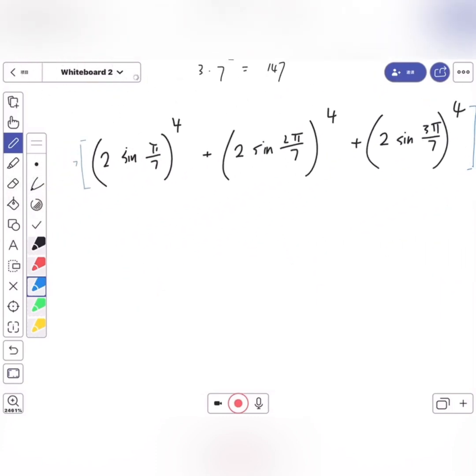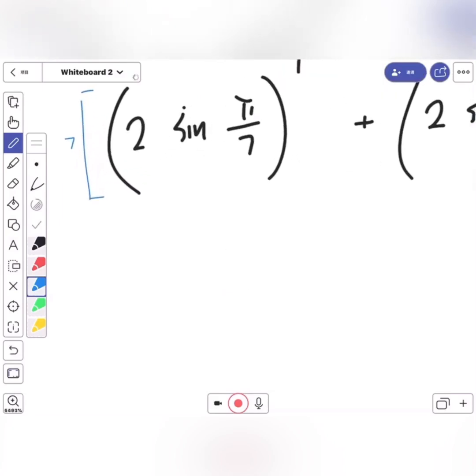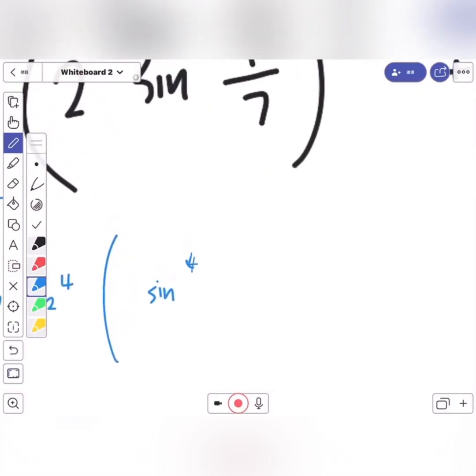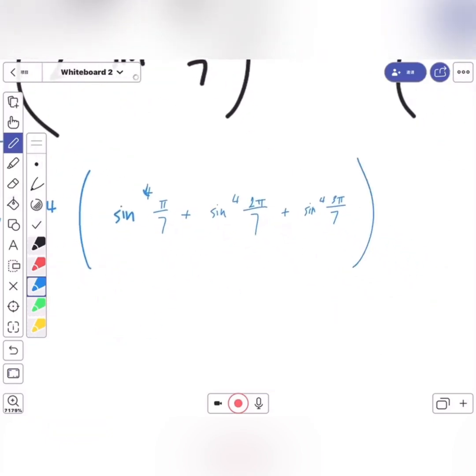And in fact, we can also take one part out: 7 times 2 to the fourth, and then times sine to the fourth of pi over 7 plus sine to the fourth of 2 pi over 7 plus sine to the fourth of 3 pi over 7. What is even this value?